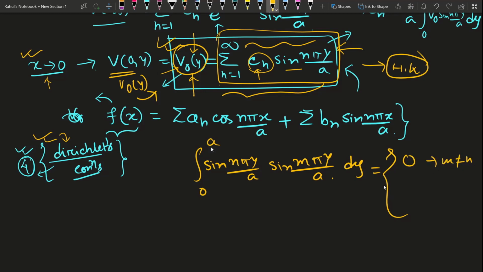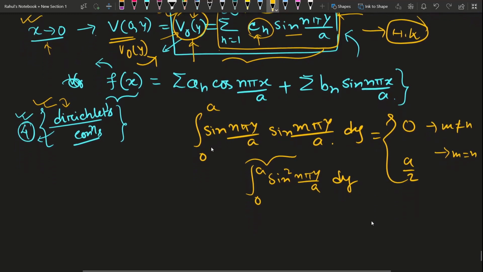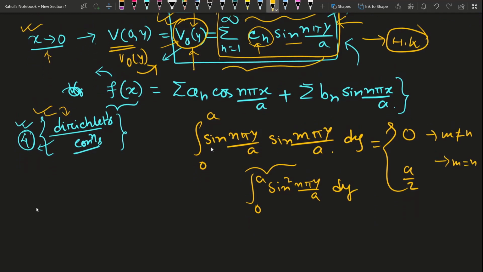You can calculate these things by hand. And when m is equal to n, that means sine square n pi y over a from 0 to a, the value of this integral becomes a over 2. This is the rule.